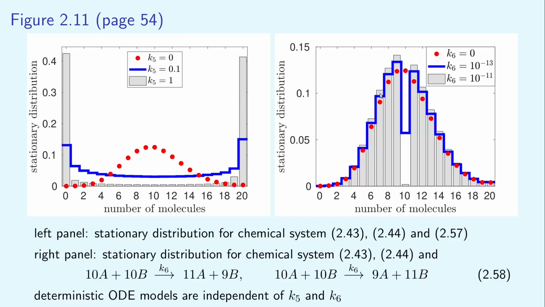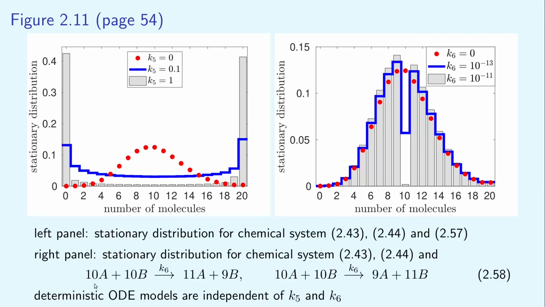The right panel shows the stationary distribution for a different chemical system, where we added the following two reactions to our degradation production system. They again have the same rate constant, denoted K6, and they have again been chosen in such a way that the deterministic ODEs do not depend on K6.